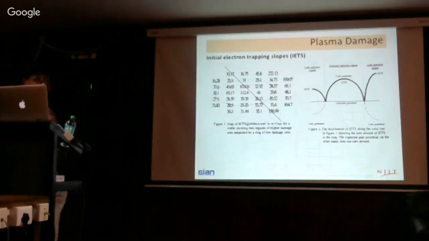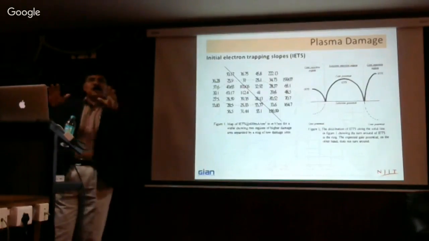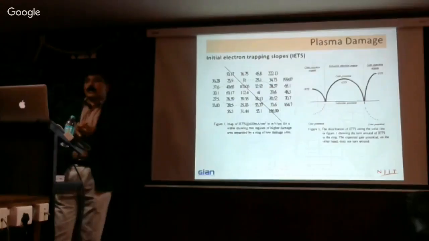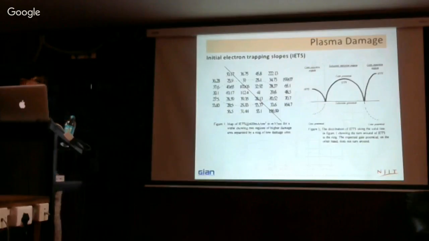Another thing we did: we took some wafers, processed them, made some metal etching and created devices across a large 8-inch wafer, with many devices around it. We measured the initial electron trapping slopes.